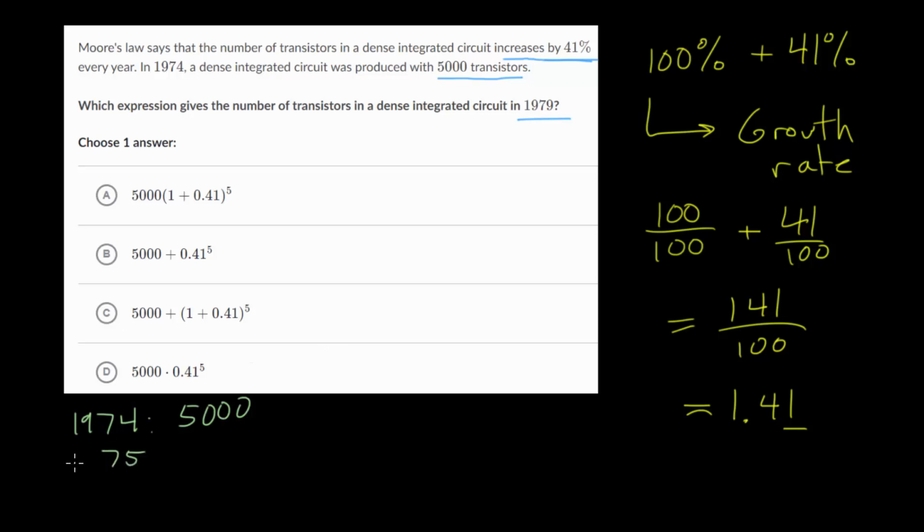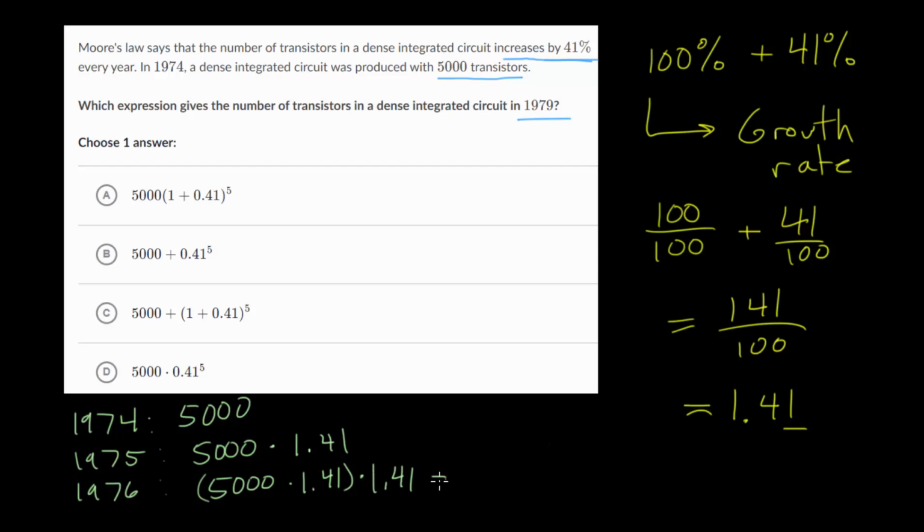In 1975, we're going to take that original 5,000 and increase it by 41%, or in other words, multiply it by 1.41. And in 1976, we will take the previous amount that we had from the year before, that 5,000 times 1.41, and then multiply that by our growth rate, by that 1.41.